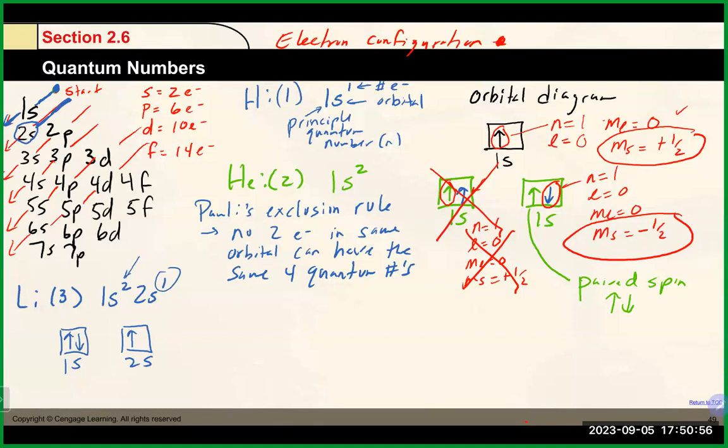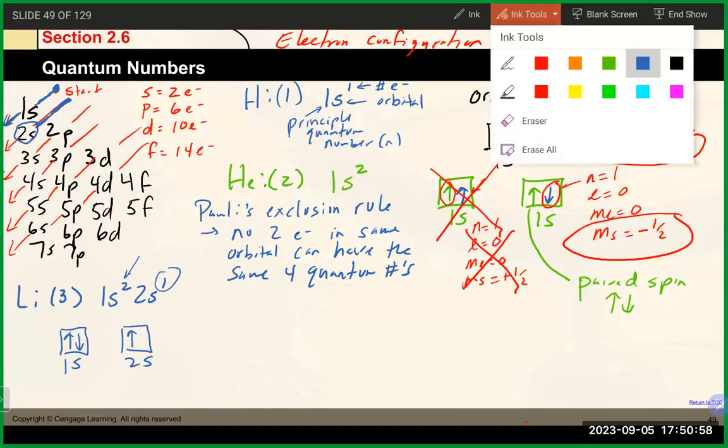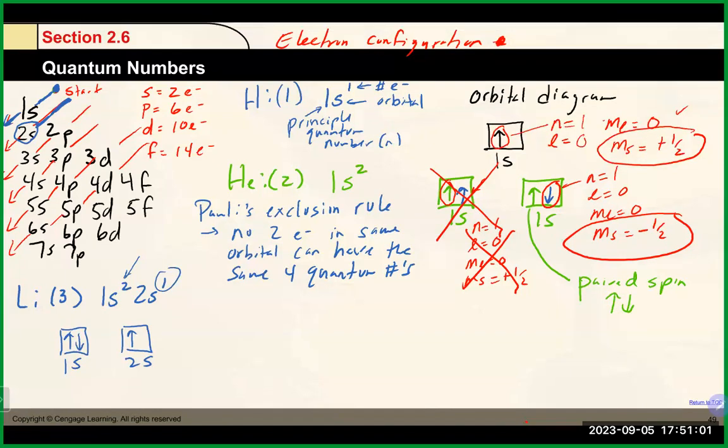So if we wanted to apply our quantum numbers to this electron here, what would the n value be for that electron? It should be 2, yeah. The l value could be anywhere from 0 to 1, but in this particular case, which one should it be?